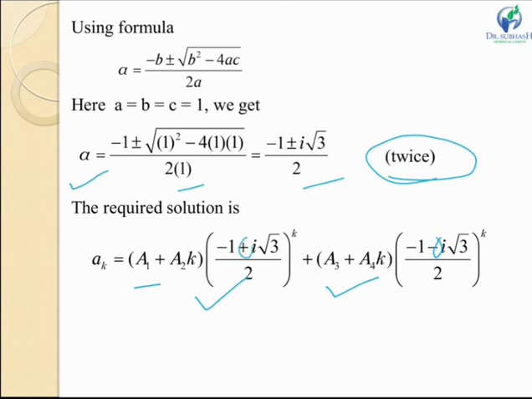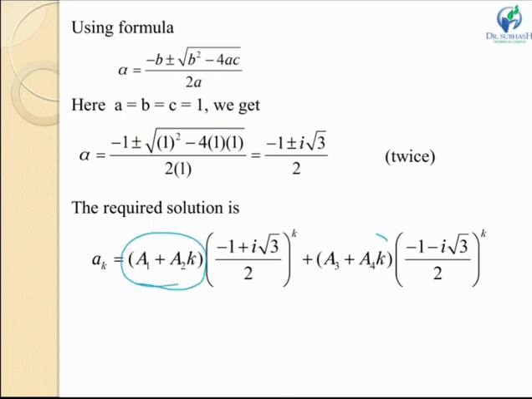If it is not repeated, then we just need to take only constants a1 and a2. But since it is repeated over here, I have to write a1 plus a2k and a3 plus a4k. This example can be said to be complex and repeated.